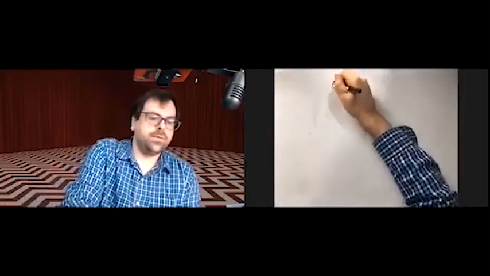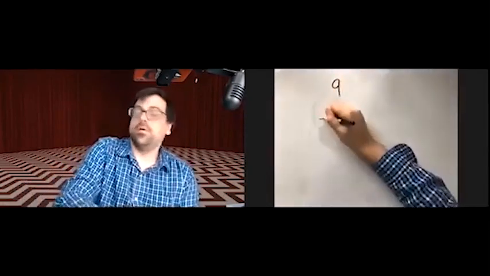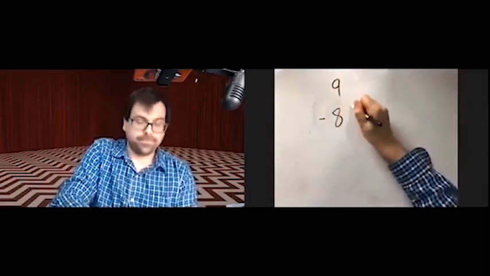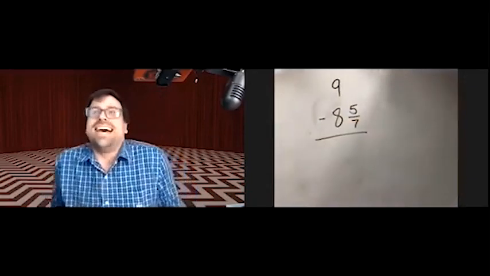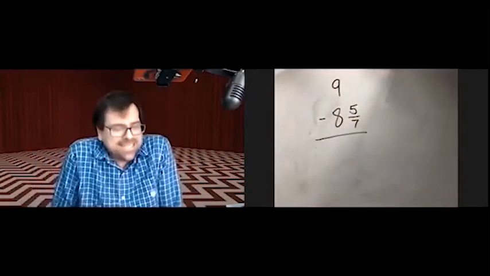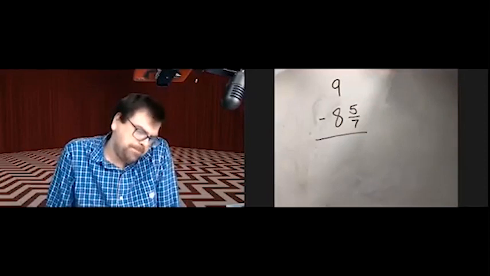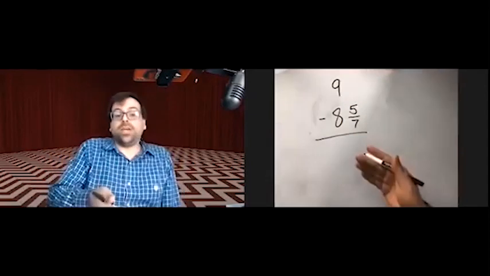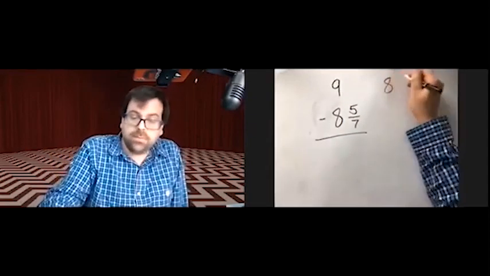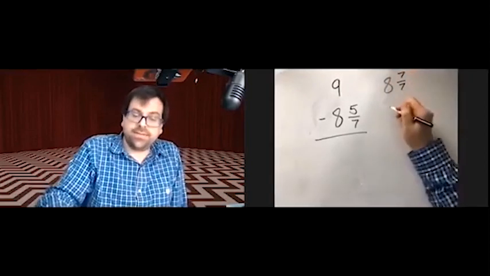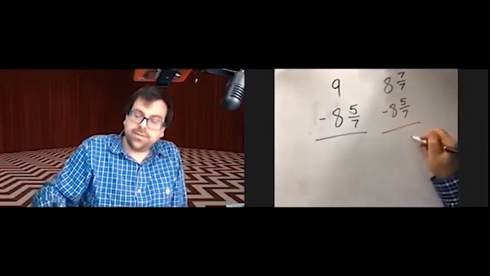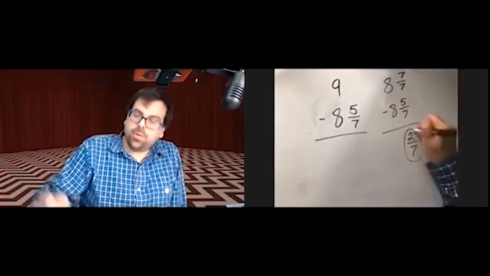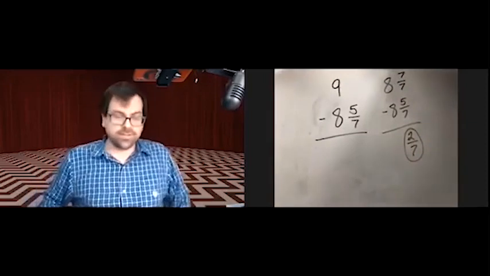Let's do another. This time we have a whole number, 9 minus 8 and 5/7. We can borrow. We can make this 8 and 7/7 minus 8 and 5/7, which gives us our answer of 2/7.